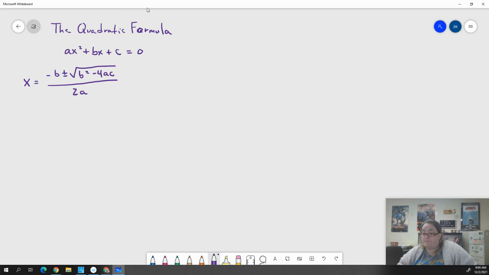And so if we want steps, I know I have a lot of students who like steps when they can get them. So steps to solve using QF, so I don't have to spell out quadratic formula.